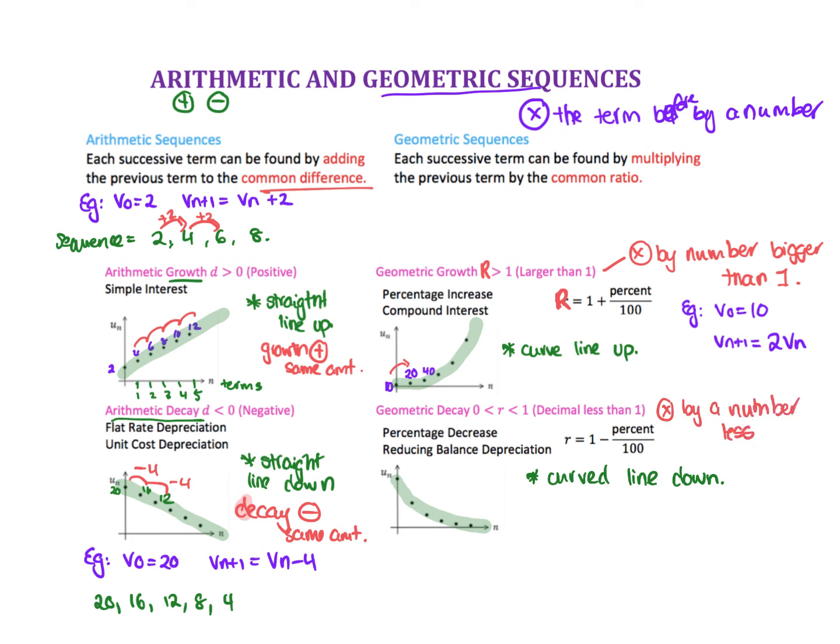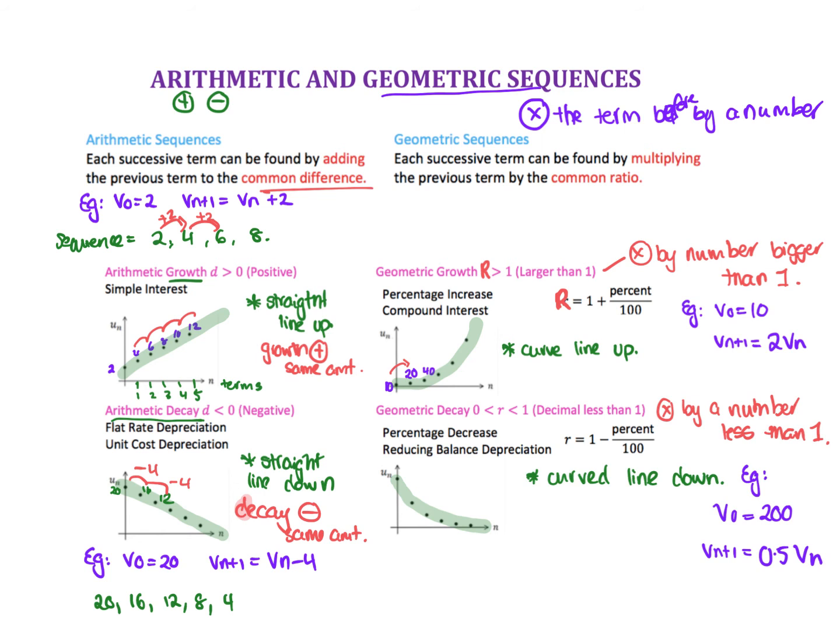So what I mean by that, you might say, for example, we might have V0 is, I'll say 200, okay? And we might say we get the next one by timesing it by 0.5.